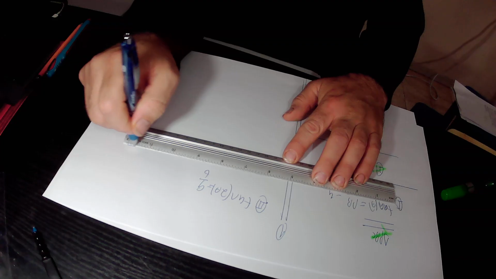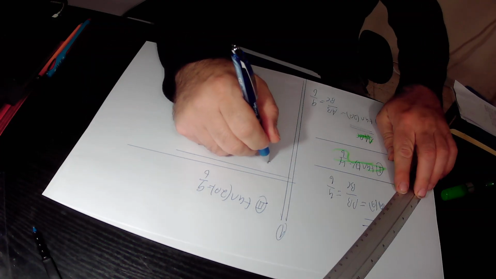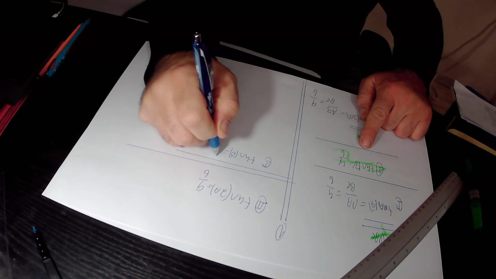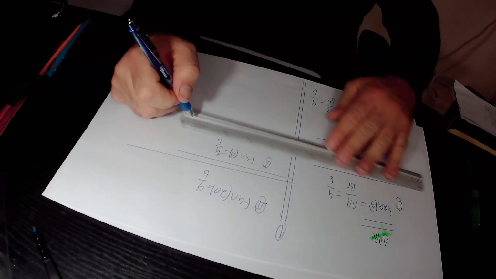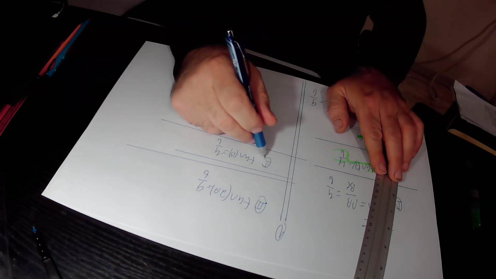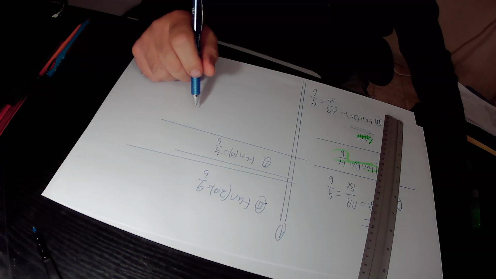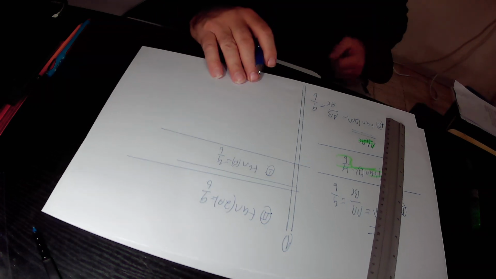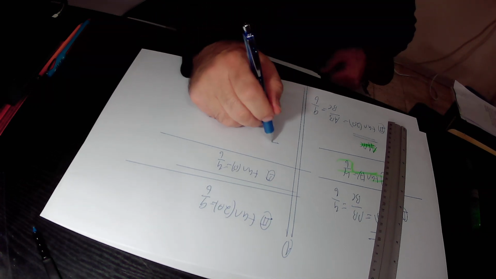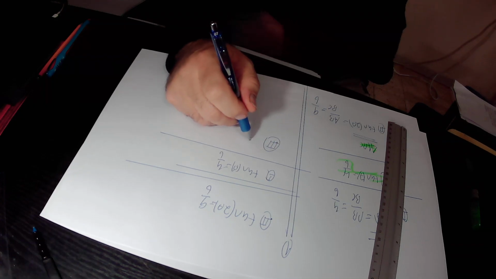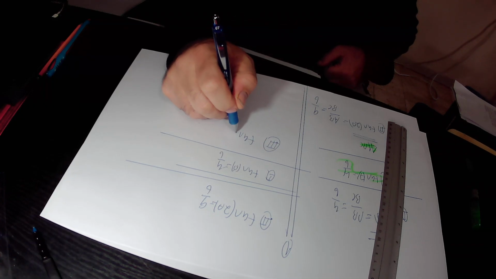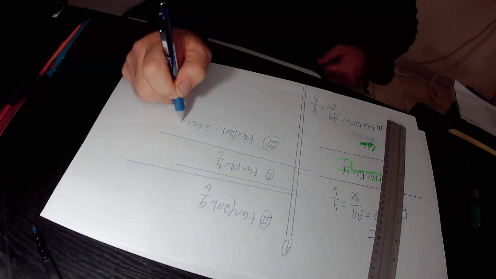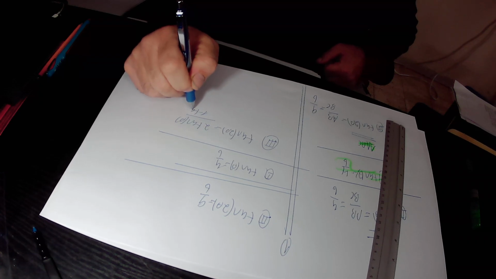According to equation 1, we already found out that tangent theta equals 4 over b. We have the trigonometric identity that states that tangent 2 theta equals 2 times tangent theta over 1 minus tangent squared theta.